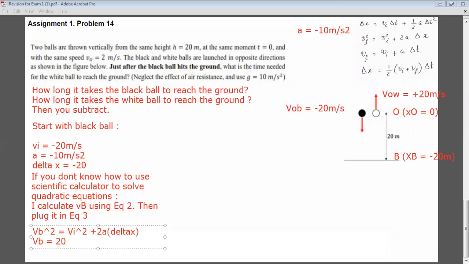So it will be 20. We choose the minus because it's going downward. Okay, so it is minus 20 meters per second.